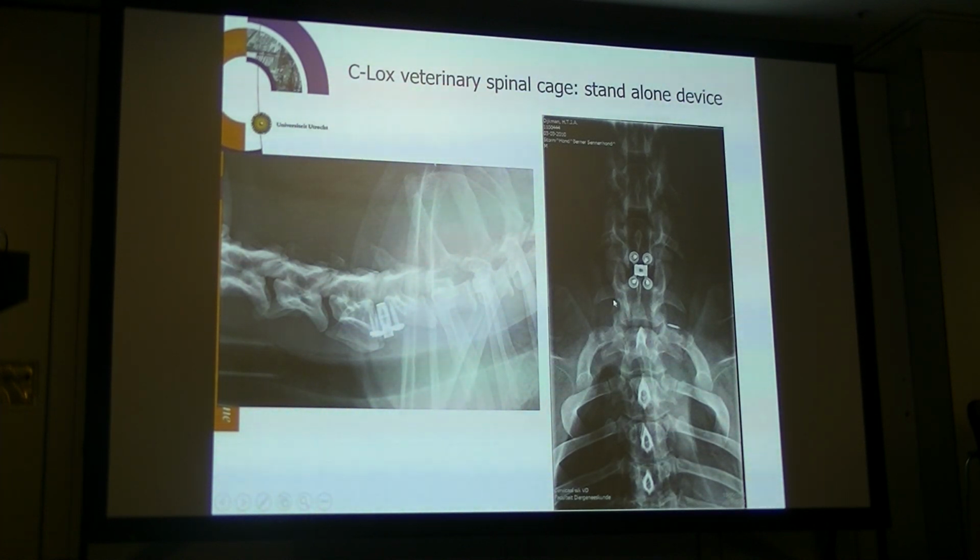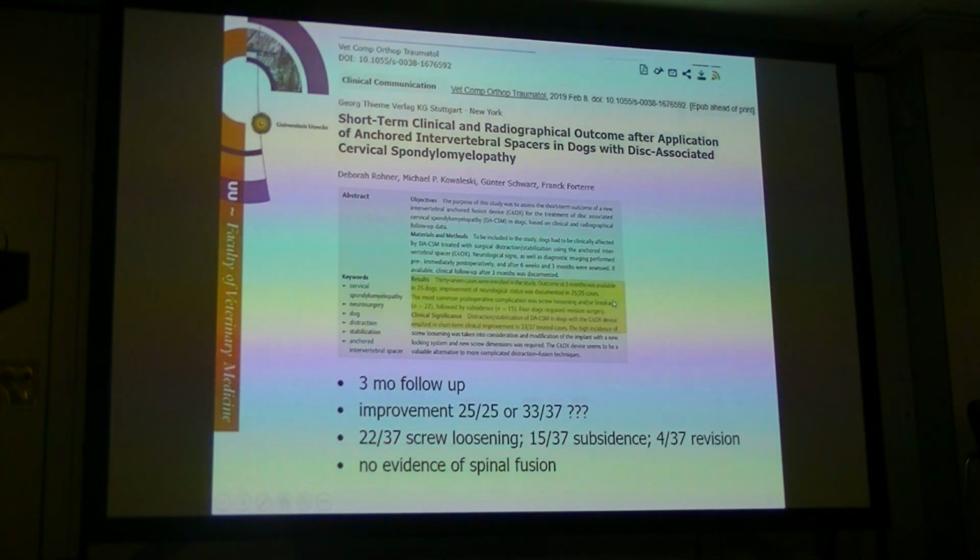And if you look at the cage technology in humans, it's very clear that over the years, they developed cages with a larger and larger footplate. And why is that? Because with a large footplate of your cage, you decrease the stress on the bone.